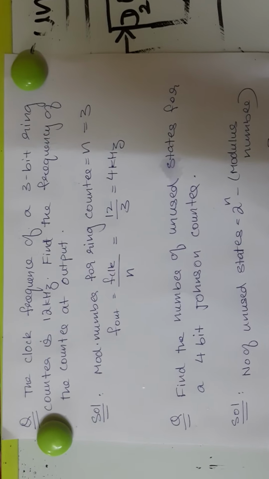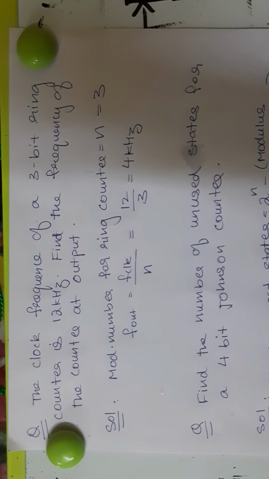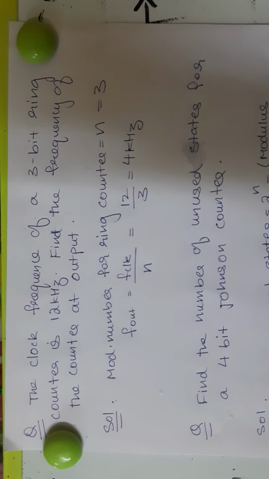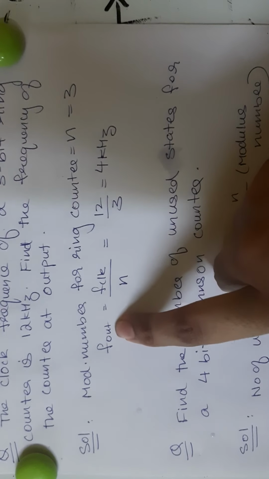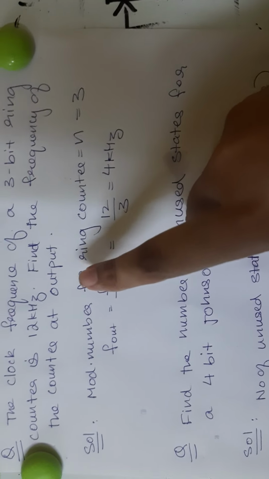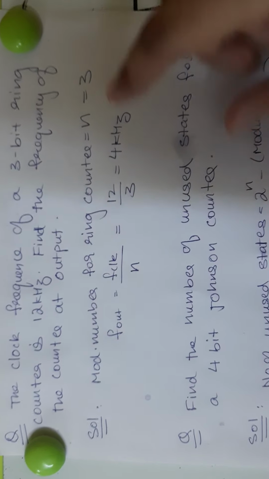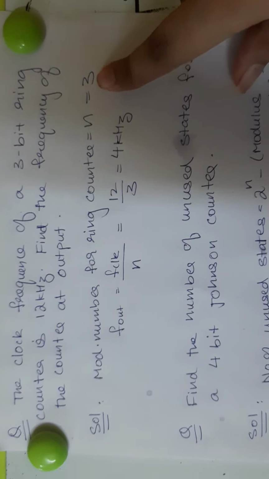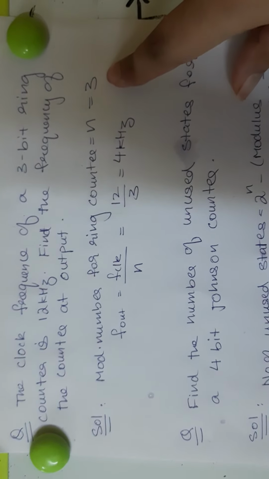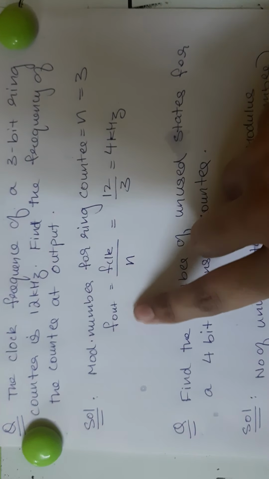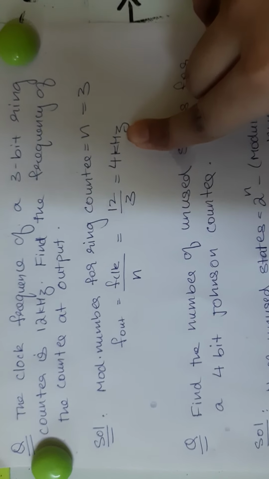The clock frequency of a 3-bit ring counter is 12 kHz. Find the frequency of the counter at the output. As we saw, the output frequency is nothing but clock frequency by modulus number. And we know the modulus number for a ring counter is n, which is the number of bits. So since it's a 3-bit counter, n will be 3. So F out will be F clock by 3, which is 12 by 3, 4 kHz.